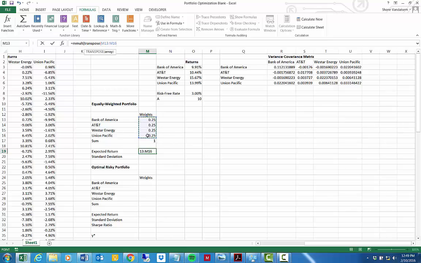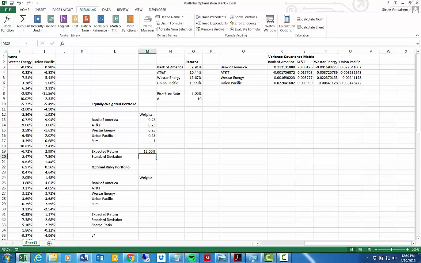So I want to highlight these weights, close parentheses, comma, highlight the returns, close parentheses, and here's where I'm going to hold down Control Shift and press Enter, and you should get 12.5%.